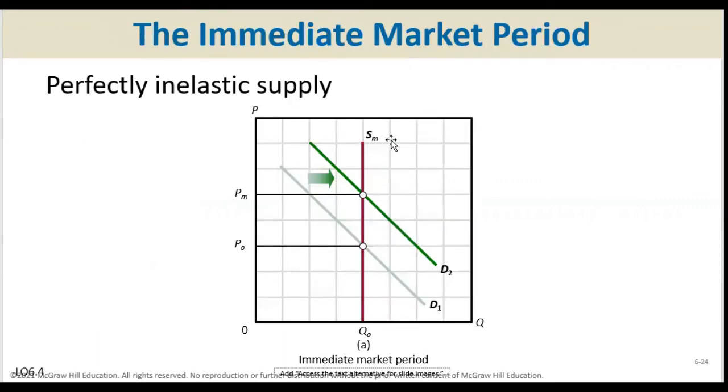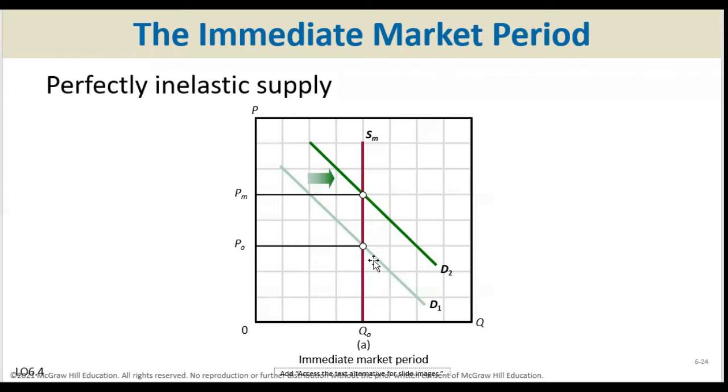So now if we look at it on the graph, starting with the immediate market period. It's perfectly inelastic. In the immediate market period, there's no time for the seller to adjust to a price change, right? So the market supply is perfectly inelastic.